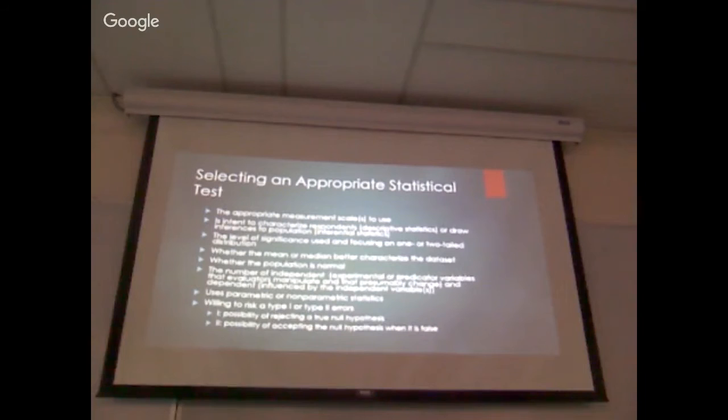Next, the number of independent variables, which we could call experimental or predictor variables, that the evaluators manipulate and presumably change and influence the dependent variable. Now, a lot of the research that I've done, and that Tani has done too, didn't involve manipulating anything, but did involve looking at things like demographic variables or educational variables, or in Tani's case, perceptions of justice in the workplace and commitment in the workplace.